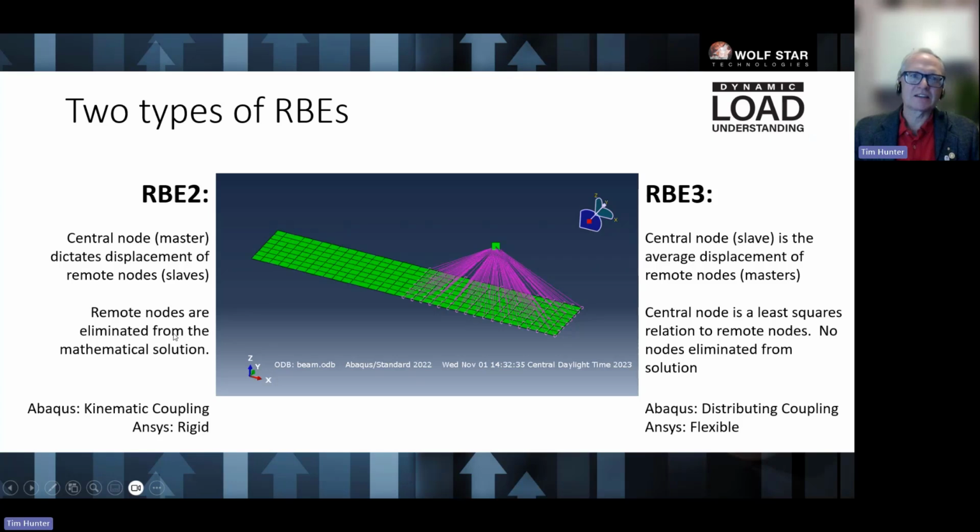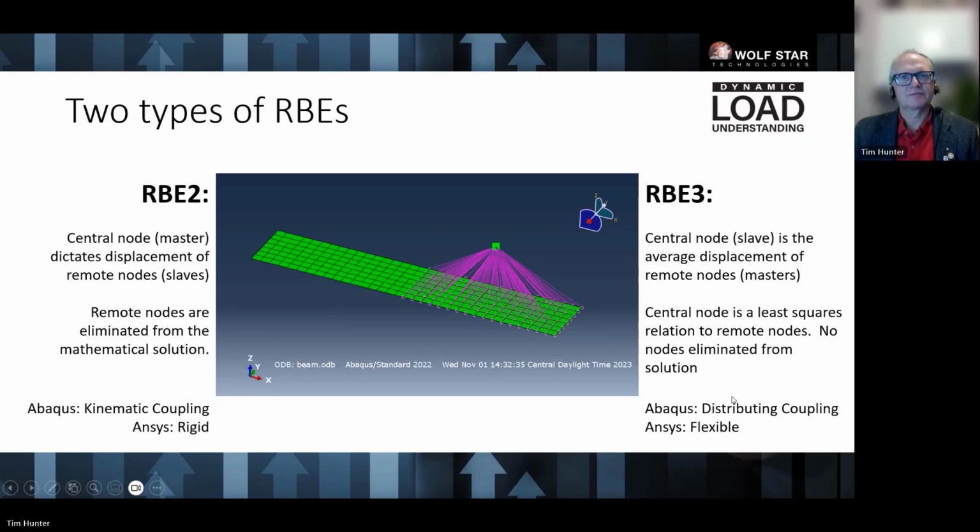An RBE2 is adding stiffness, and an RBE3 is not adding stiffness. In other solvers like Abaqus, an RBE2 is called a kinematic coupling, and the RBE3 is called a distributed coupling, and in ANSYS, it's called rigid and flexible.